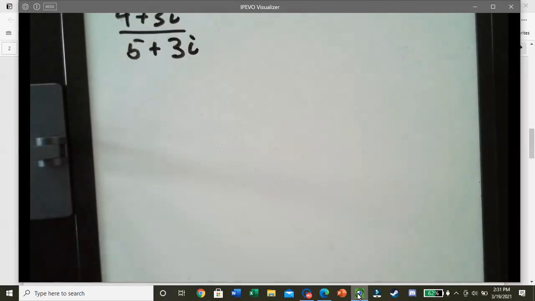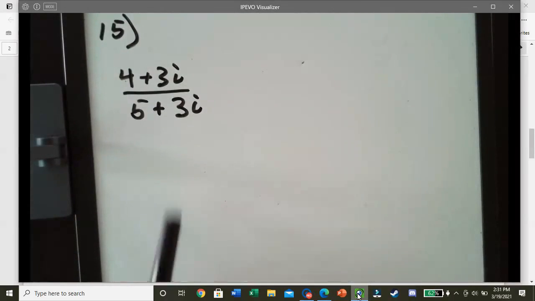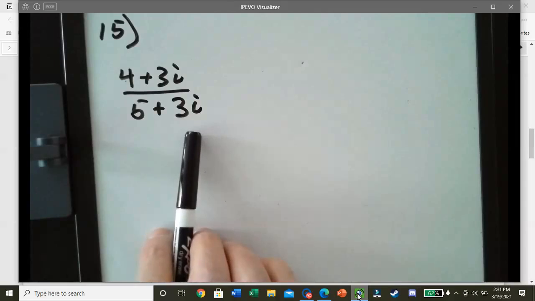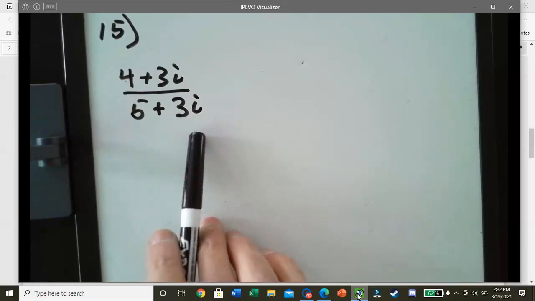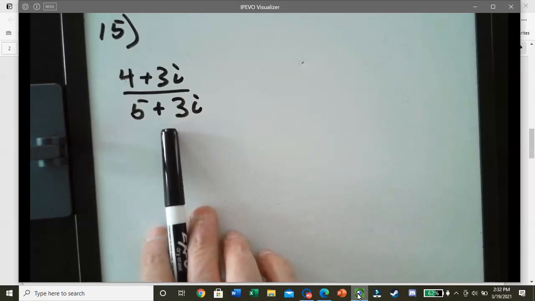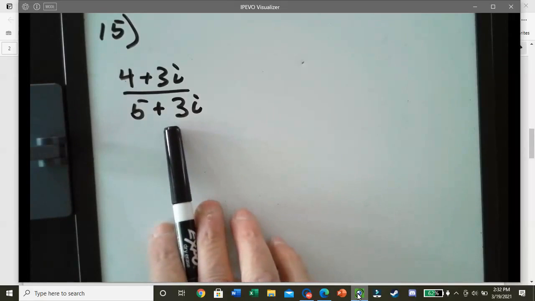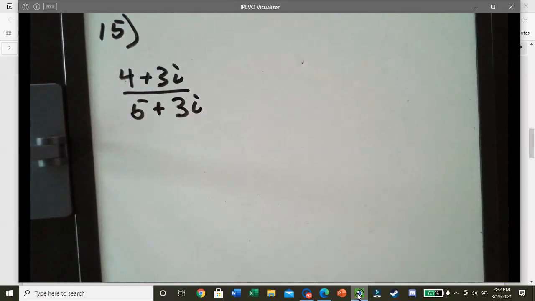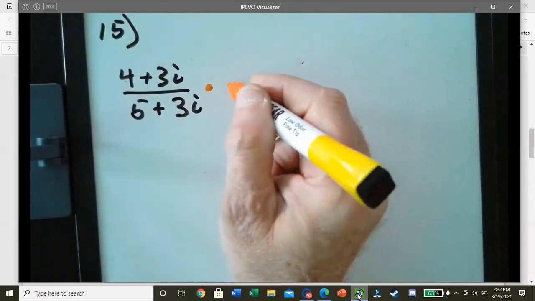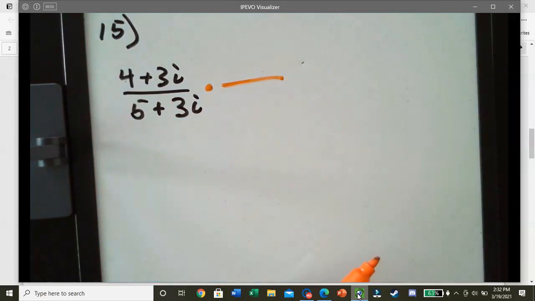Okay, now the thing about complex numbers is it's not simplified if you've got an imaginary number in the denominator. So we've got to get that i out of the denominator. We've got to do what we call rationalizing the denominator, making it real. And we do that by multiplying by the conjugate of the denominator.